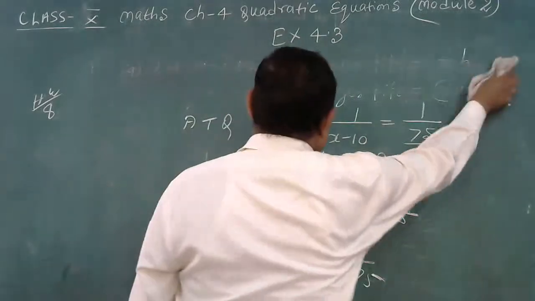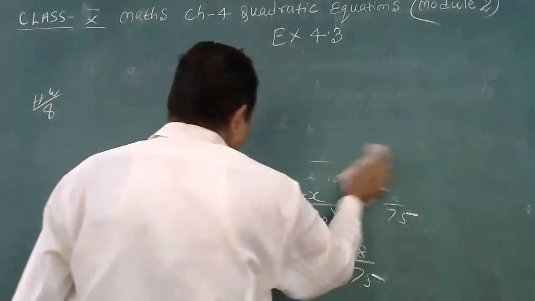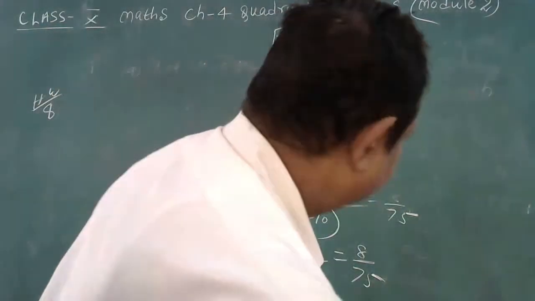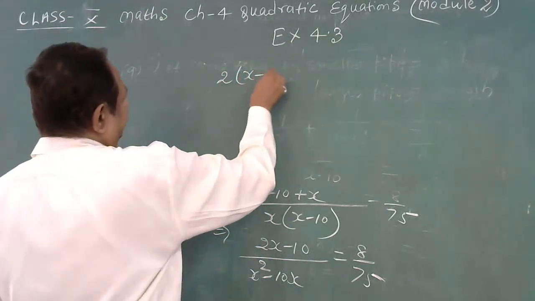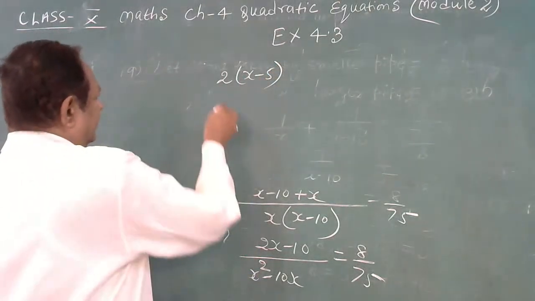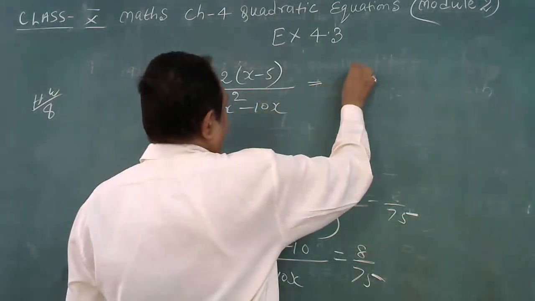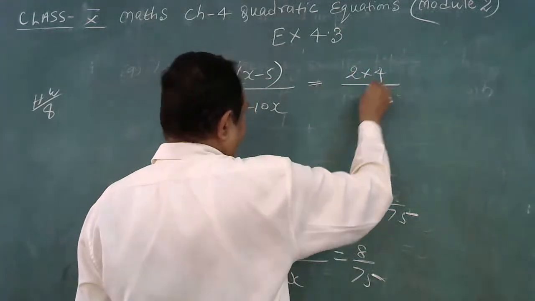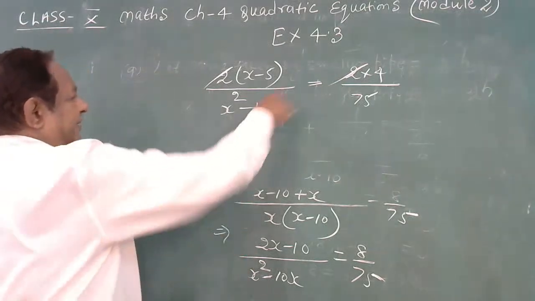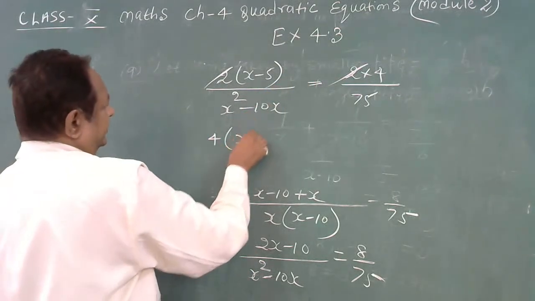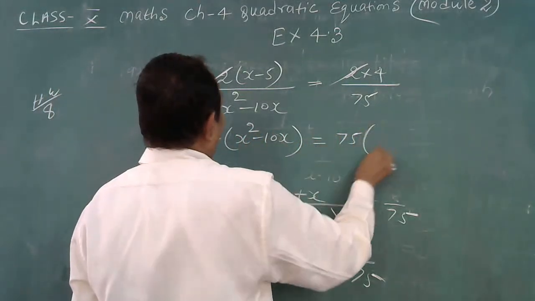This can be written as 2 common, x minus 5, upon x square minus 10x is equal to 2 into 4 upon 75. Common factor cancel. So by cross multiplication, 4 into x square minus 10x is equal to 75 into x minus 5.